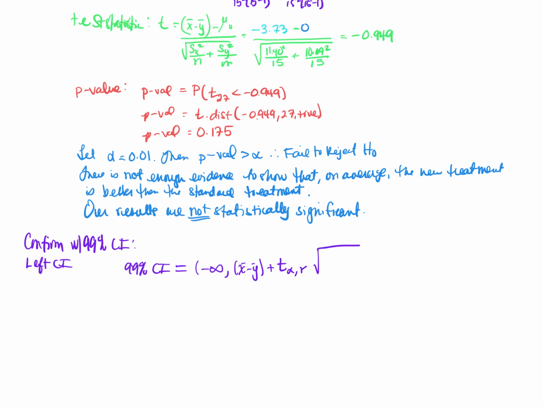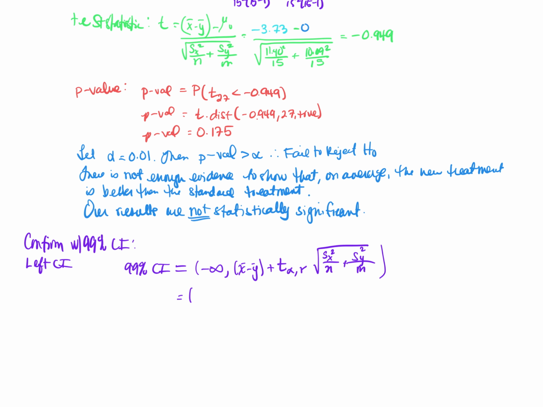And then times our standard error, which is the sample standard deviation squared from population A over its size, plus the variance of our sample from population B over its size, M. So let's see what this looks like.